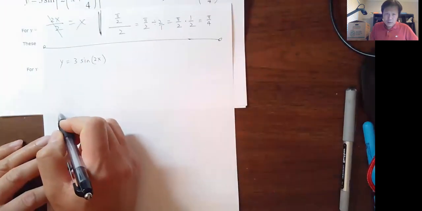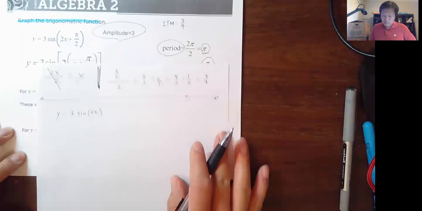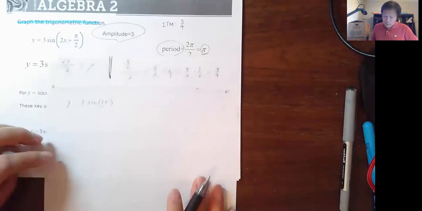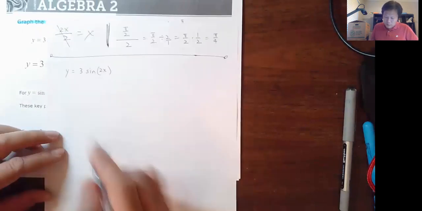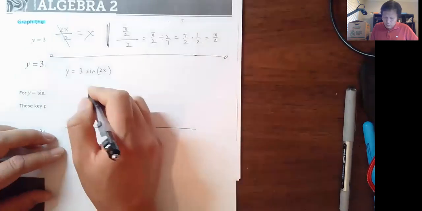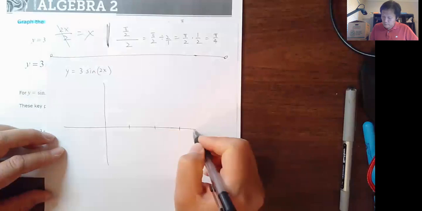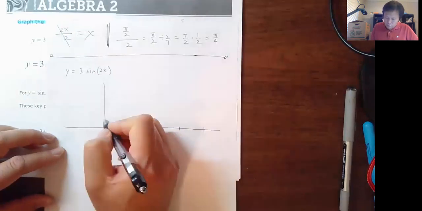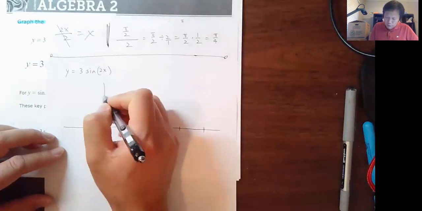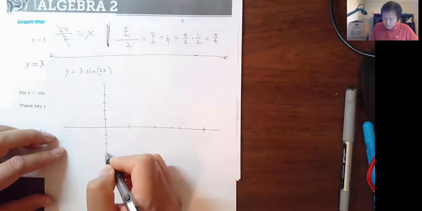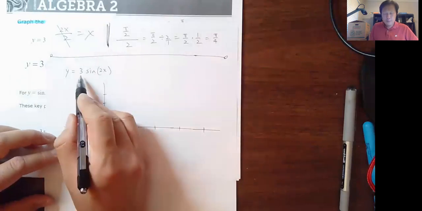So we got 1, 2, 3, 4, 1, 2, 3, 4, 1, 2, 3, 4. So amplitude is 3.